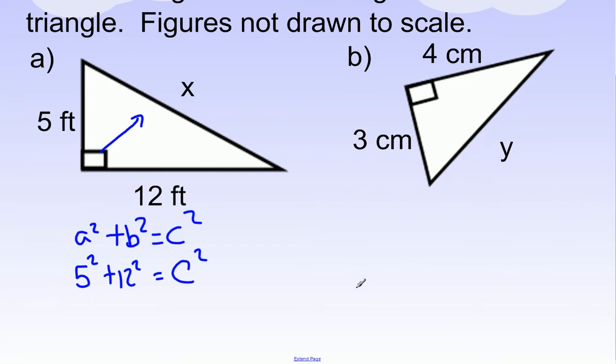Now we solve. 5 squared is 25. 12 squared is 144. Add that together, and that gives you 169.